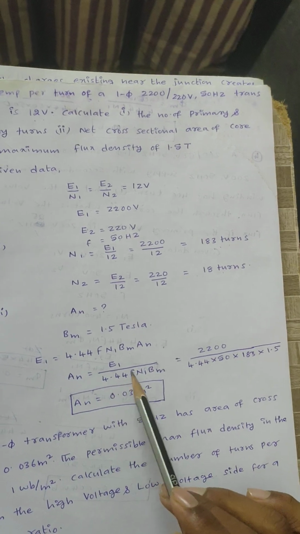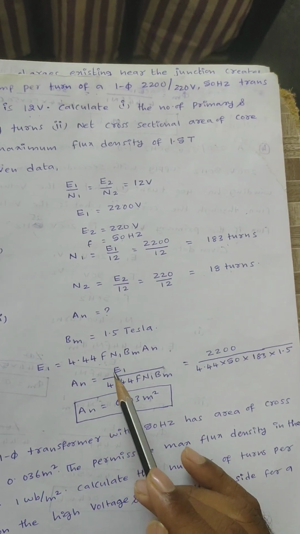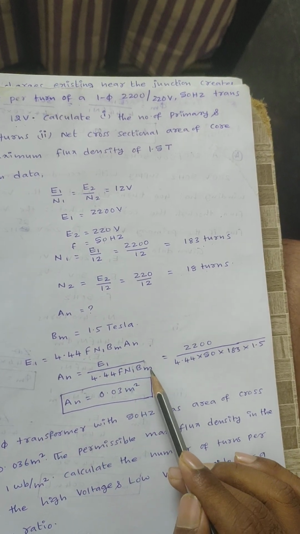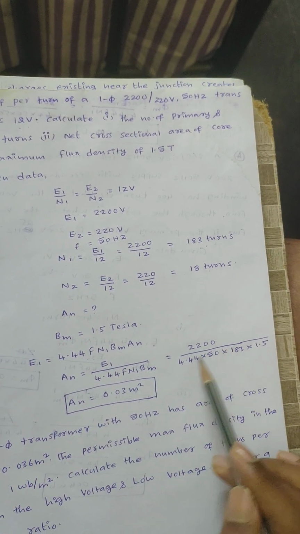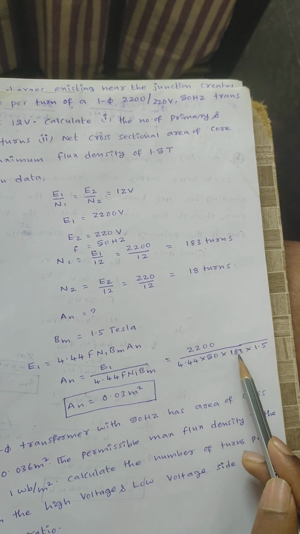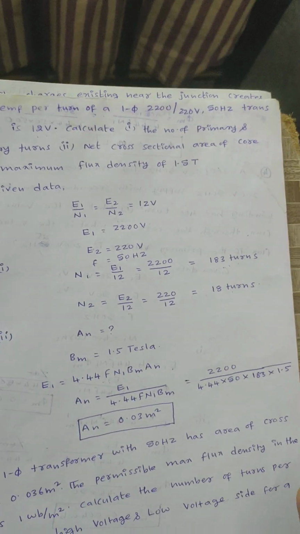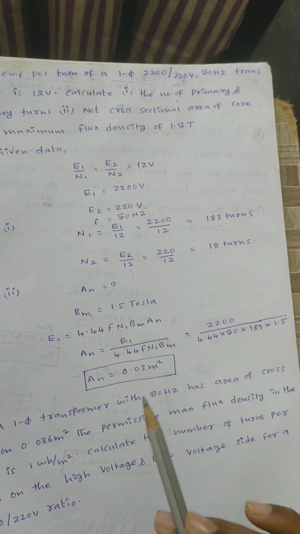Directly substituting, An equals E1 by 4.44 f N1 Bm, that equals 2200 divided by 4.44 into 50 into 183 into 1.5. Then I will get the An value as 0.03 meter square.